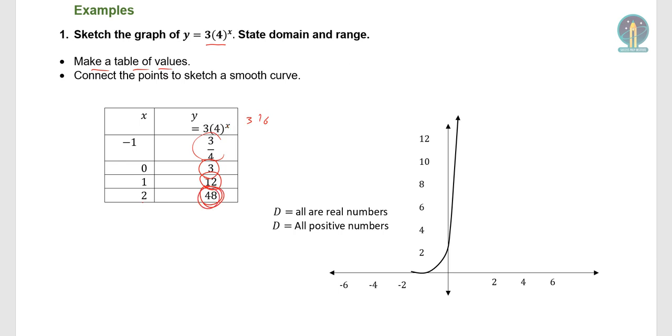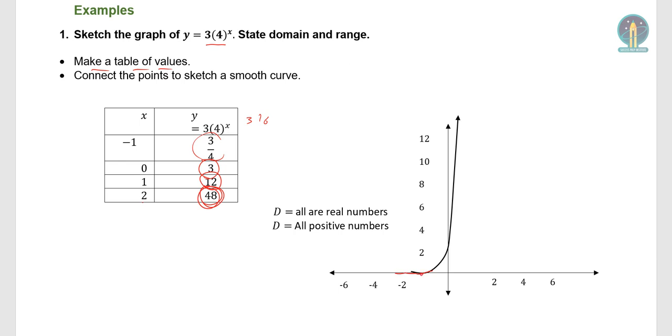And just proceed to plot these points or these coordinates, right? So at x equals minus 1, this should not go up like that, right? This should just keep falling down. Okay?